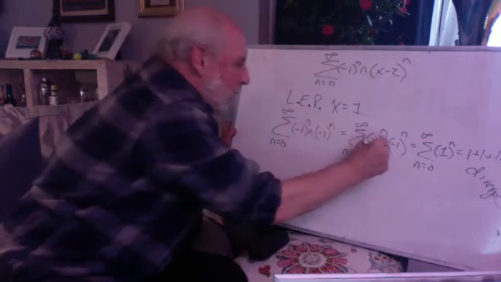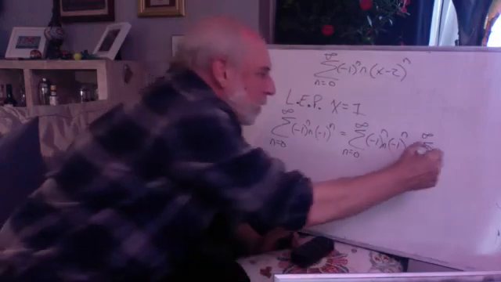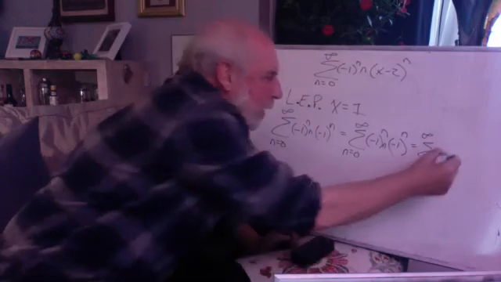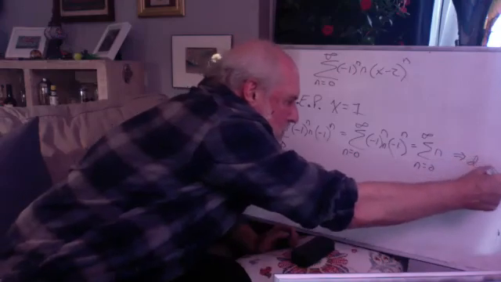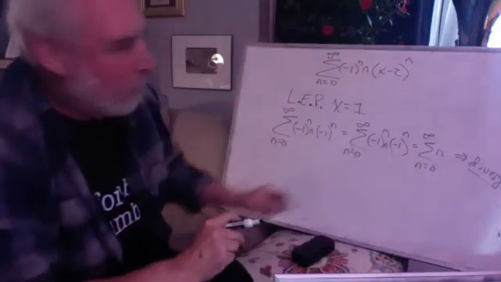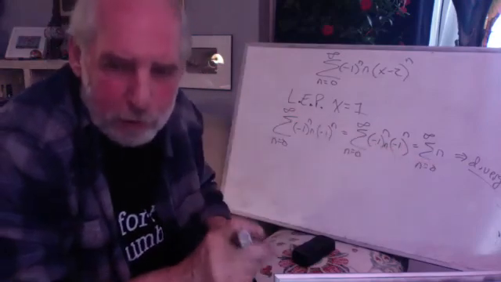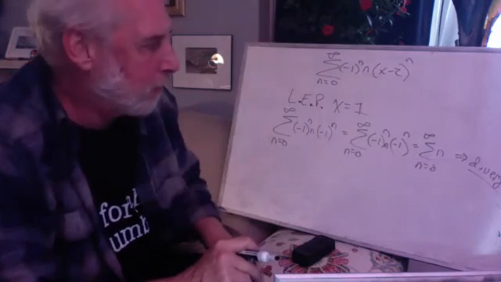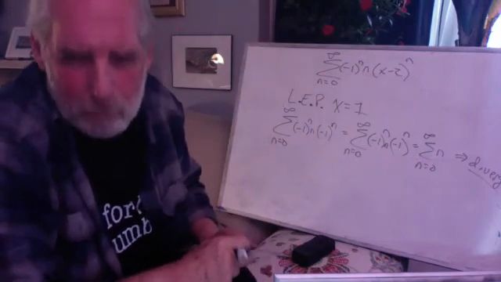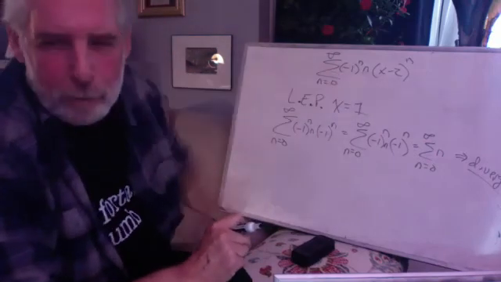And so there's an n here. There we go. So this is all just going to turn into n, and that diverges. This just becomes 0 plus 1 plus 2 plus 3 plus 4 plus 5 plus 6. It just keeps getting bigger and bigger. So that diverges. Thanks, Brandon. I forgot to put that in there.